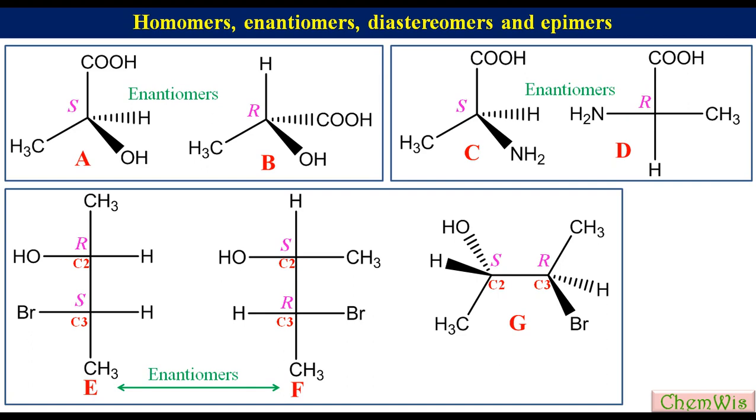F and G with the same configuration at C2 and C3 are homomers. And E and G with the opposite configurations at C2 and C3 are enantiomers.